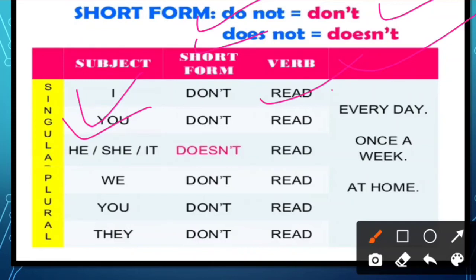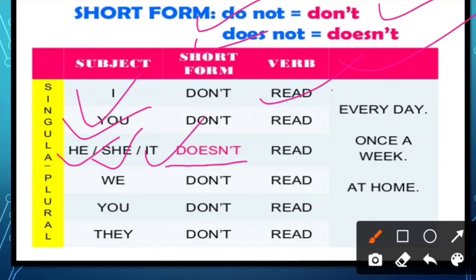But keep in your mind, as we are adding something in the third person singular, with he, she, it, we are adding either s or es. At that time, the same will be different here. Instead of do, we will have to use does in negative as well as in an interrogative sentence.